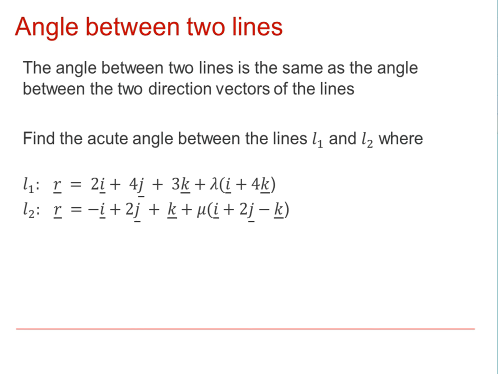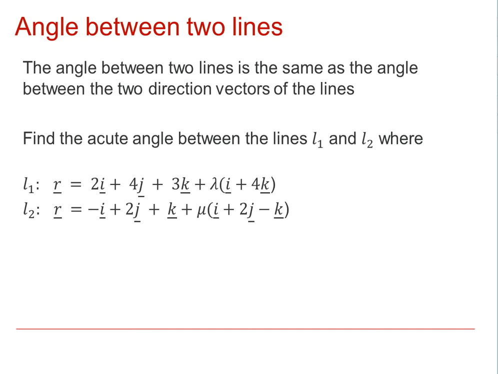For L1, r equals 2i plus 4j plus 3k plus lambda (i plus 4k), and for line 2, r equals minus i plus 2j plus k plus mu (i plus 2j minus k). You will note that different letters are used for the parameters to avoid confusion.